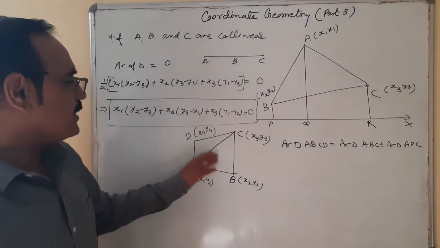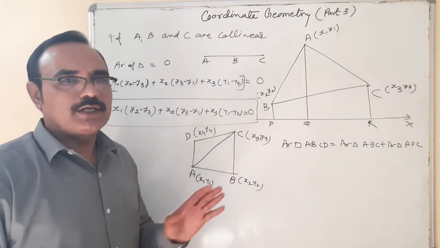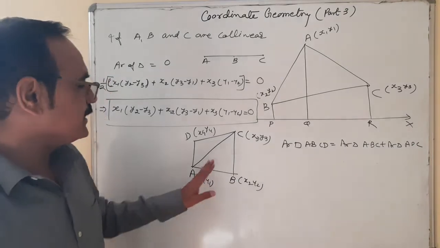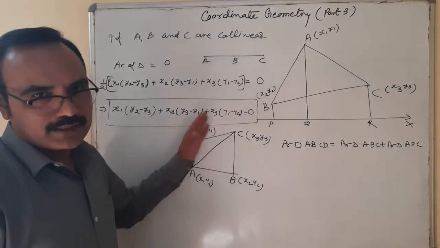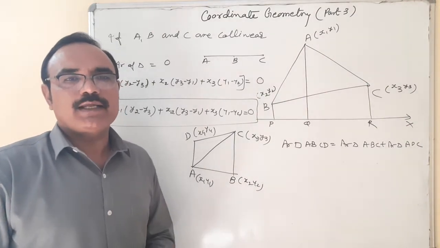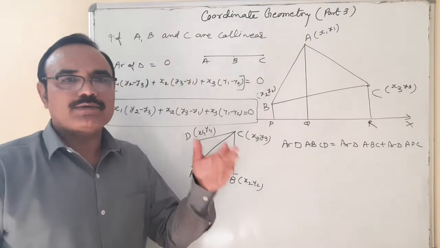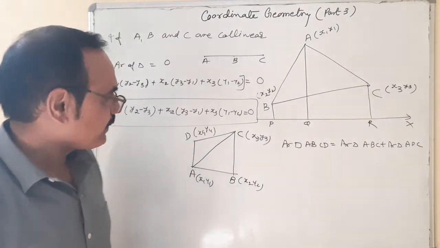Okay. The sum of the areas of these two triangles is equal to the area of the quadrilateral. So no need to remember any other formula, simply area of triangle ABC plus area of triangle ADC is equal to area of quadrilateral ABCD. Same as if you are going to find the area of a pentagon, you join it, area of first triangle, area of second triangle, area of third triangle. Okay.